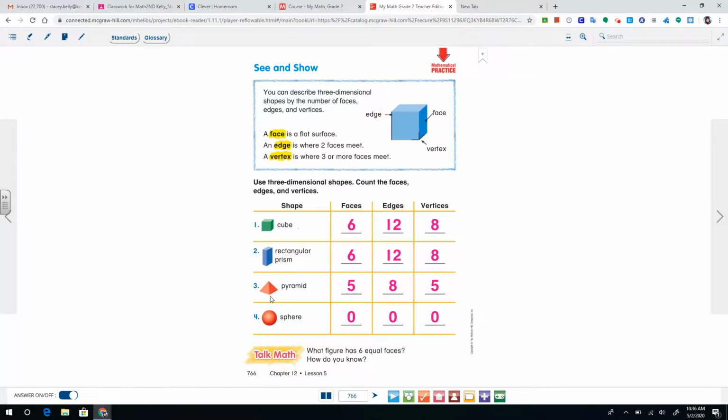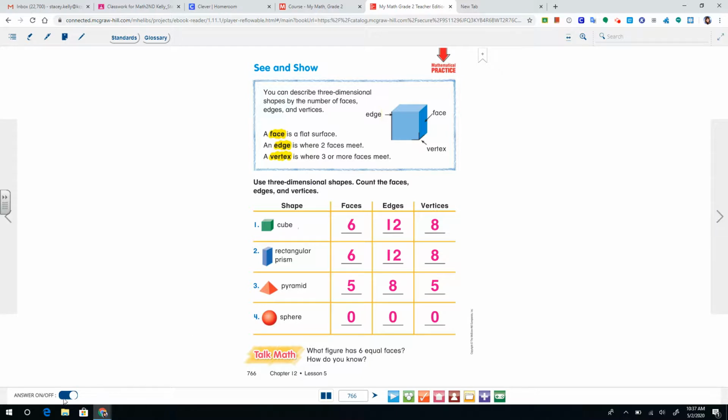And then the edges, you've got the 4 at the bottom to make the square, then 5, 6, 7, 8. And then we talked about the sphere having 0. So you did a great job. And like I said, you'll get to see another video linked on the bottom that I'll show you the pyramid in person so you can kind of see it, because I know on paper it's tough to see the pyramid.